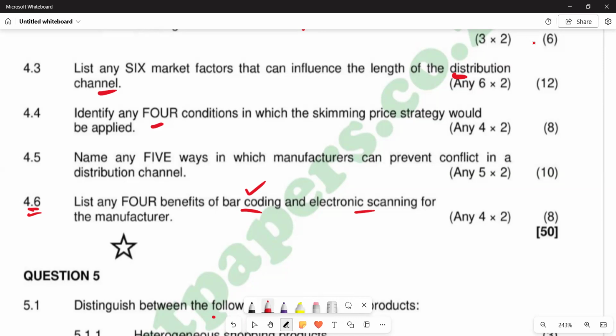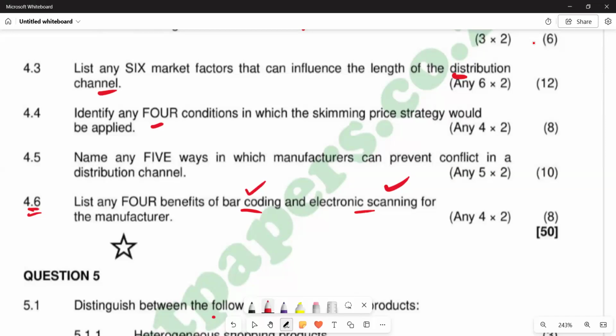So basically, that's what we have in terms of barcoding. We also have electronic scanning, which encompasses the transformation that transpires when a physical document is converted to a digital file.